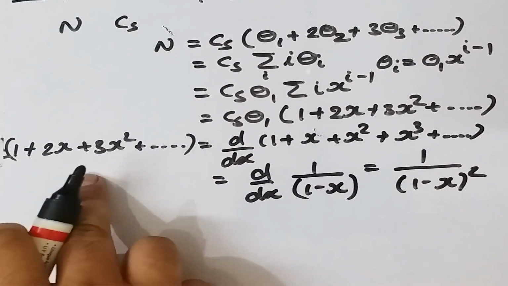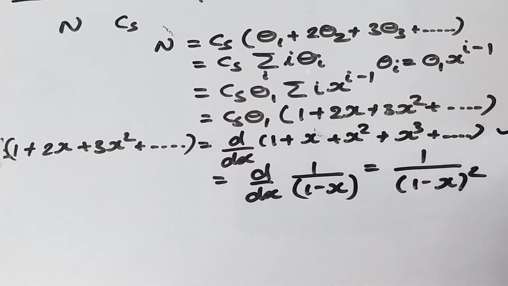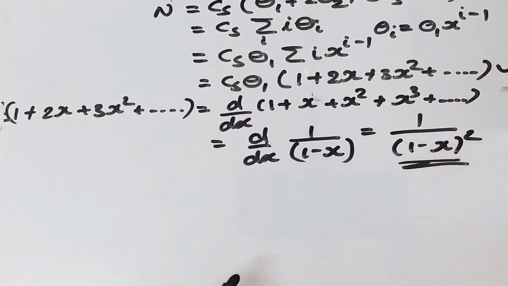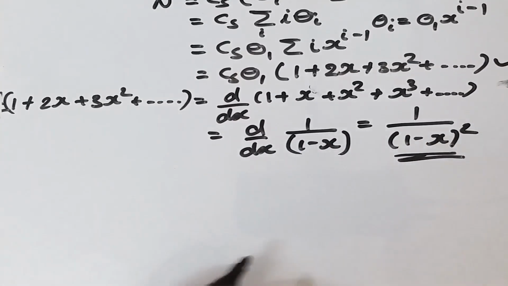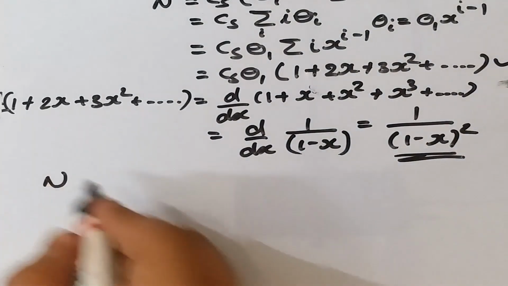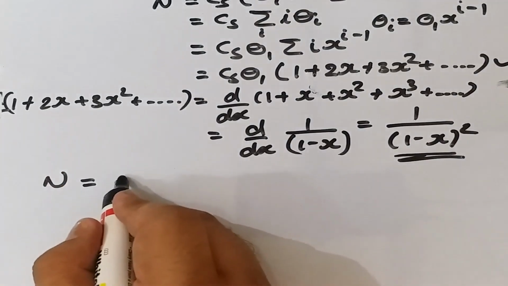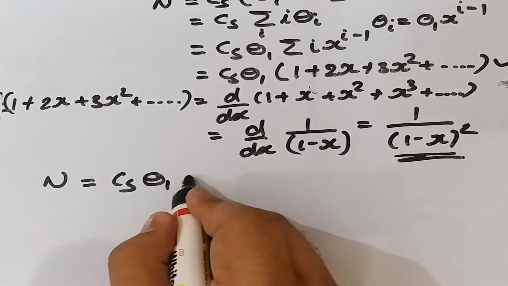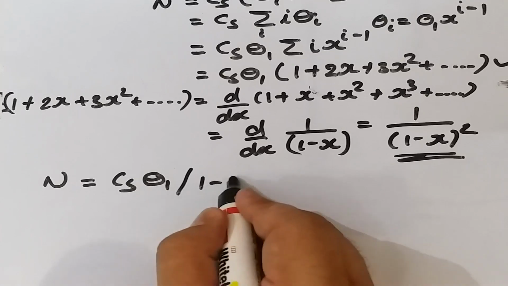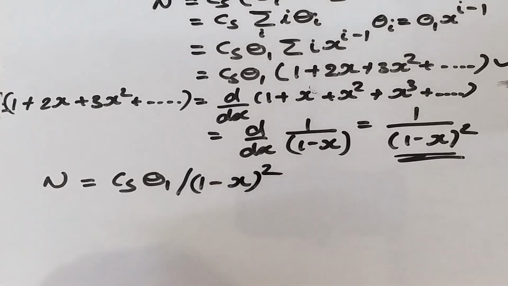So for this particular series we can substitute this closed form, and hence the total number of molecules n will be equal to Cs into theta 1 upon 1 minus x square.